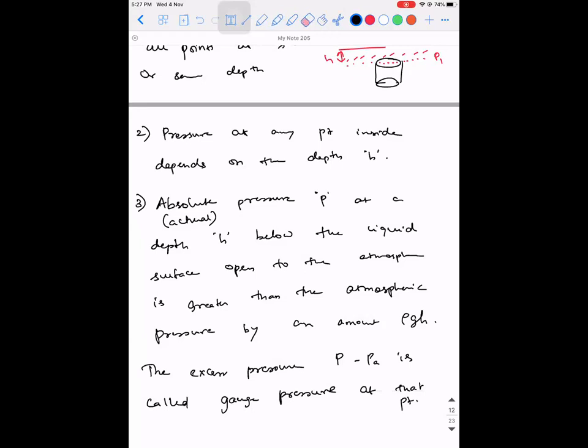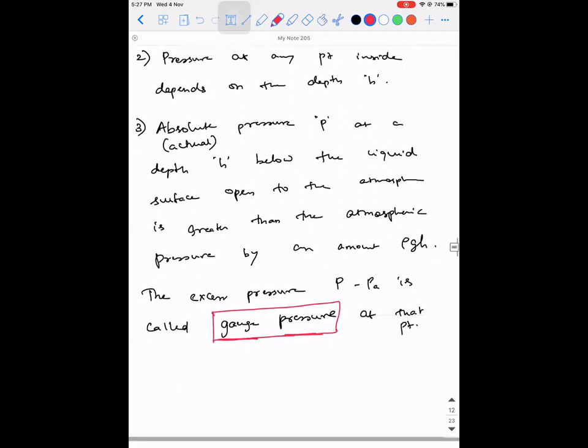The excess pressure. The excess pressure P minus PA is called gauge pressure. Some people pronounce it differently, whatever it is, so I call it gauge pressure. That is the excess pressure. Okay, sir.